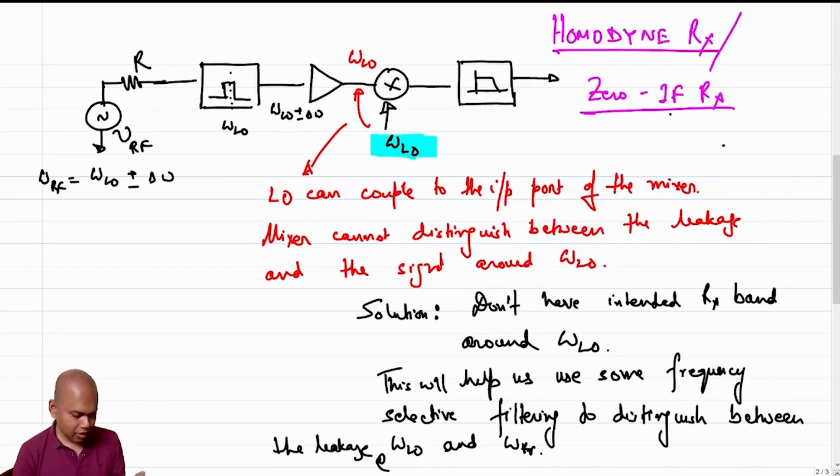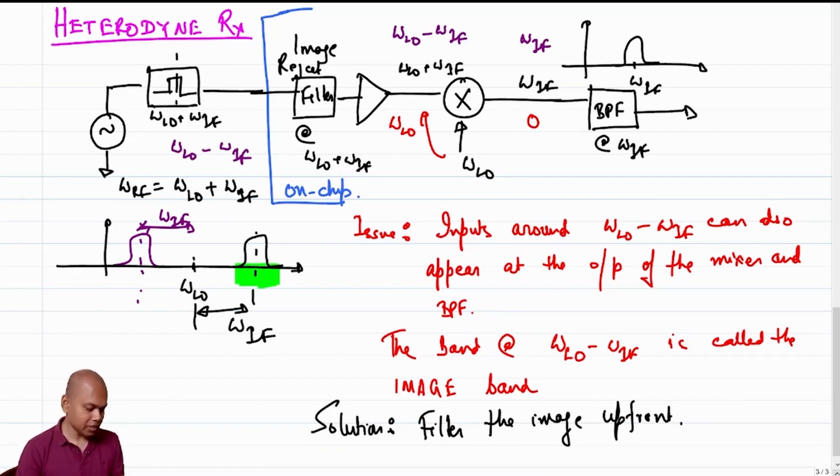Now note that a homodyne receiver is a special case of when I set omega IF equal to 0. Right? Architecture-wise, that's what is happening. So now it's also time for me to define or name what IF is. IF stands for intermediate frequency.